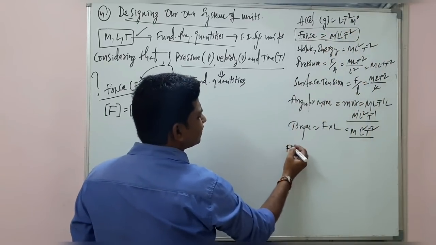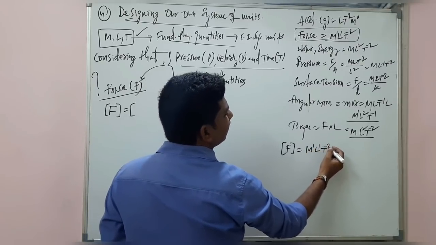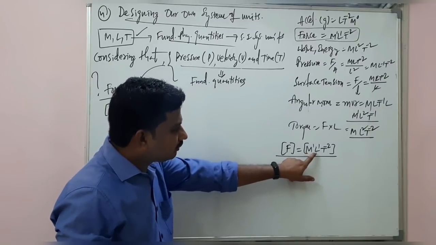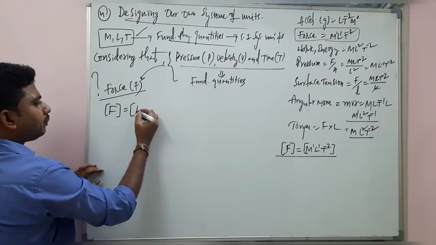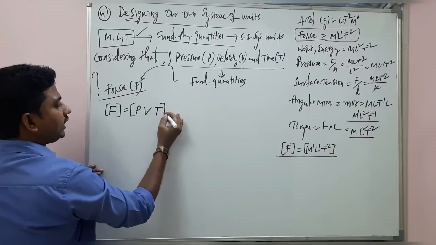The same force dimensions I can write in this way, M^1 L^1 T^-2. But in place of M, in place of L, in place of T, pressure P, velocity V, and time T will come.